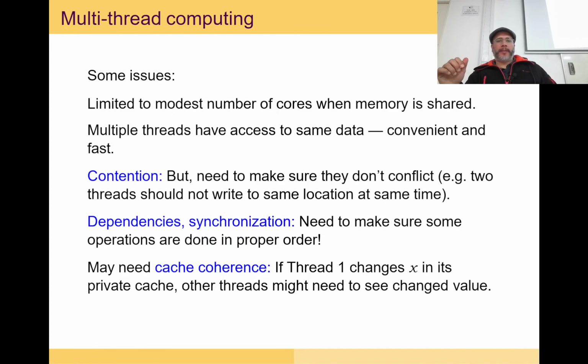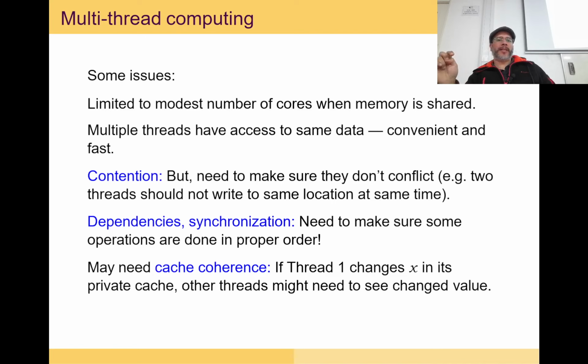Next is, not next, but these threads can have issues associated with them. Multiple threads can have access to the same data. Although they have their own registers, the main memory can be shared.